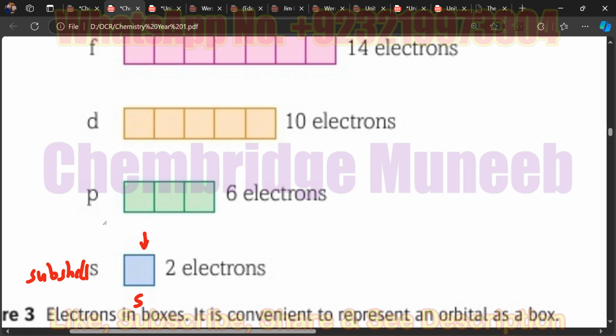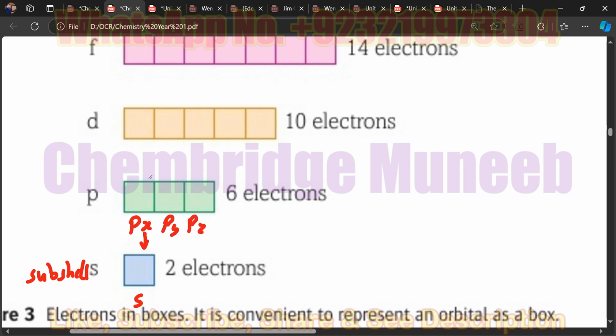Is that clear? Yes. And for the p subshell, there were 3 orbitals. What were the names of the orbitals of the p subshell? PX, PY, PZ.